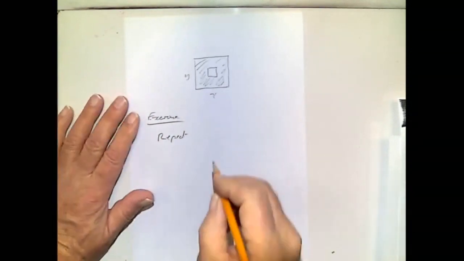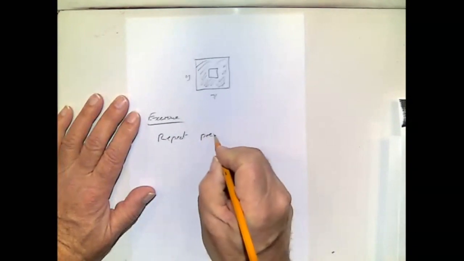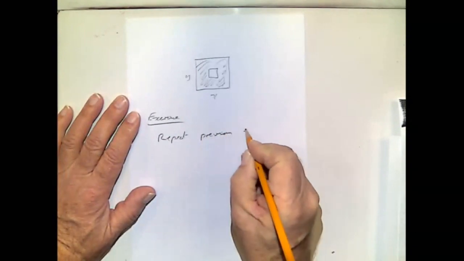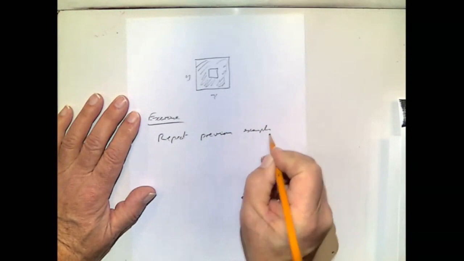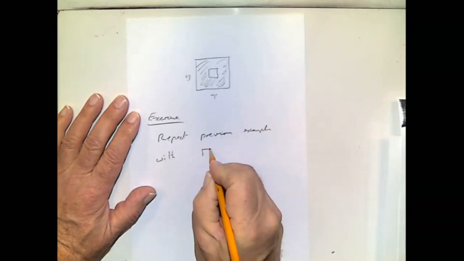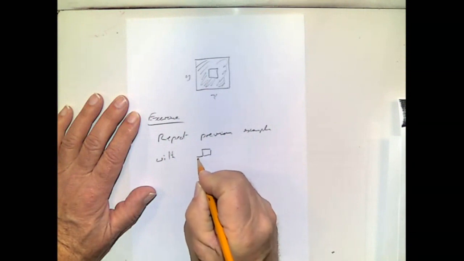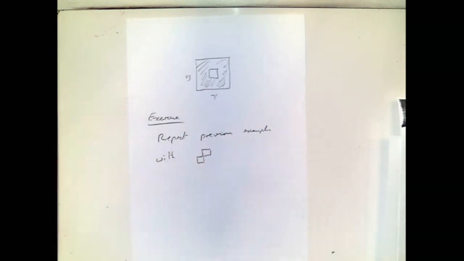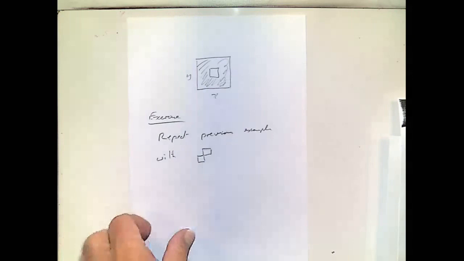Repeat the example with a different window, and the window I want you to use is a diagonal window. So that would be your scanning operation, and see what sort of results you get from that. I haven't done it, so I don't know what the results are. It should still work. Now this is a tiny image, a tiny window.